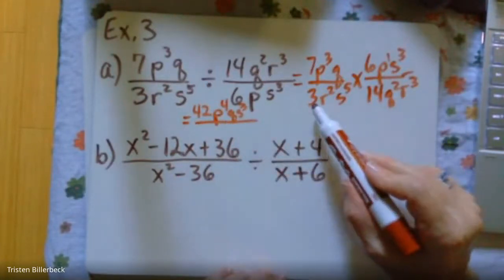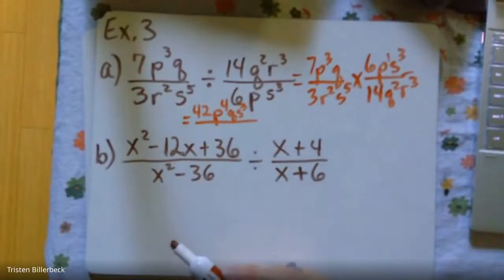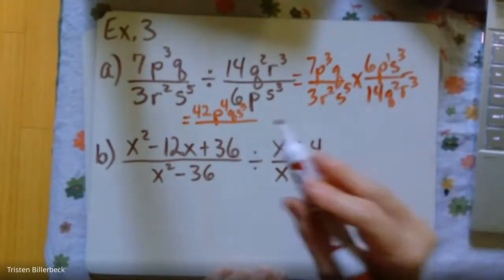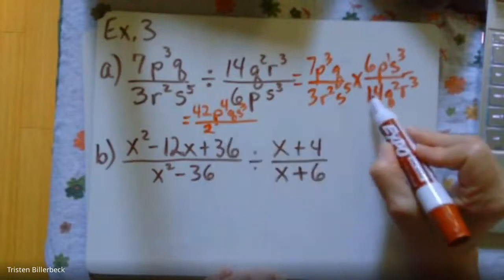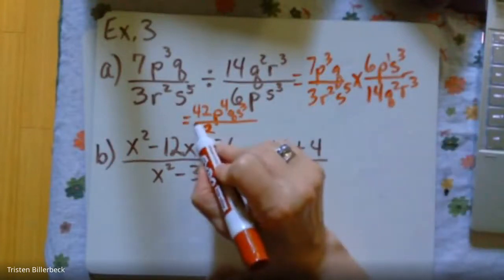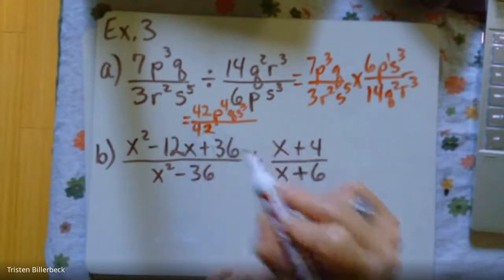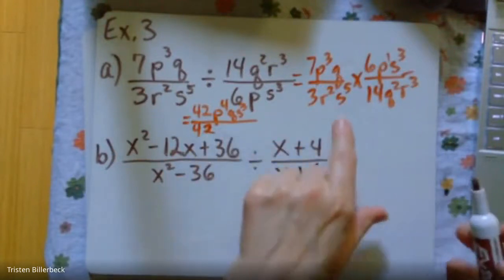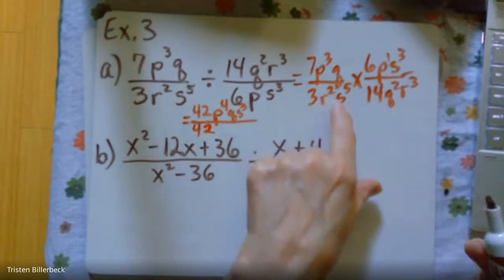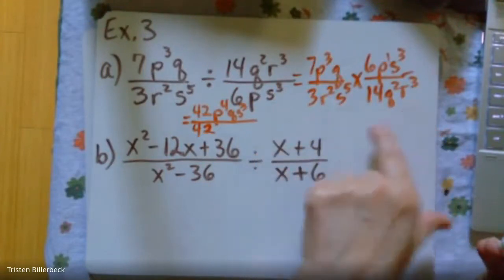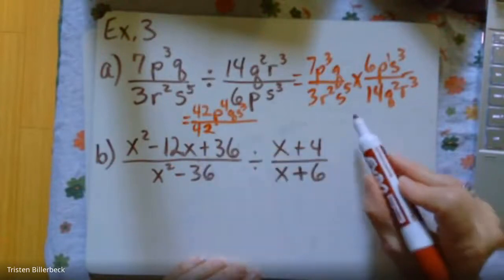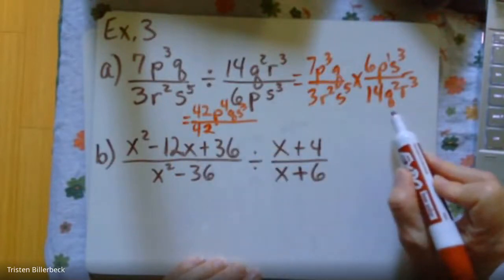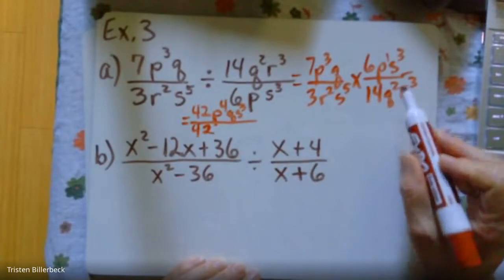Down below, I have 3 times 14. So 3 times 4 is 12. Carry the 1, and 3 times 1 is 3 plus 1 is 4. Oh, look at that. And then I have r squared times r cubed. So that makes that r to the 5th. But do I have any p's? No, I don't have any p's. But I do have q's.